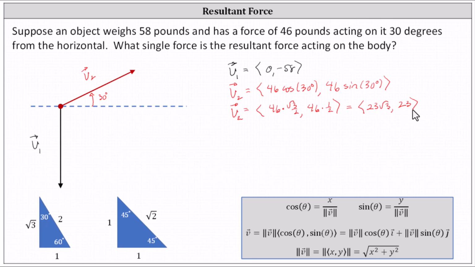And now again, to find the resultant vector, or the resultant force, we sum vector v sub 1 and vector v sub 2. So we'll call the resultant vector vector r, which equals, again, vector v sub 1 plus vector v sub 2. To add the two vectors, we add the corresponding components.